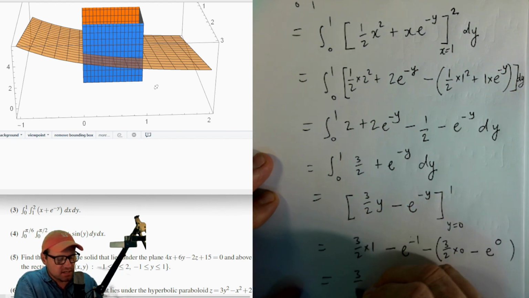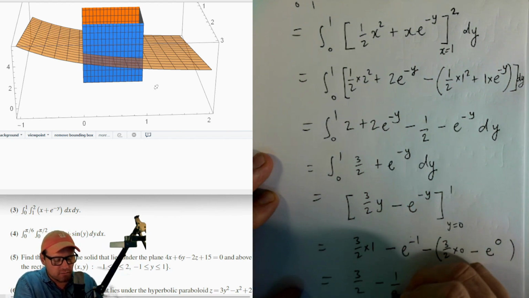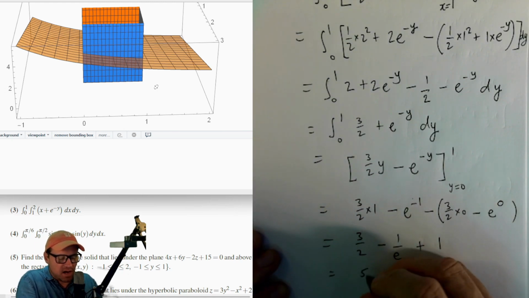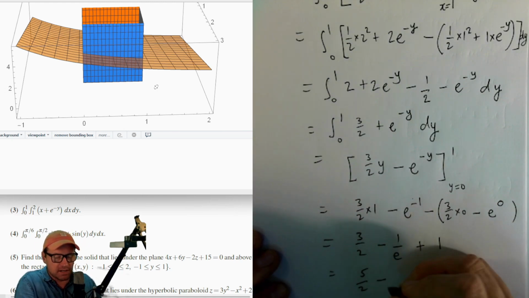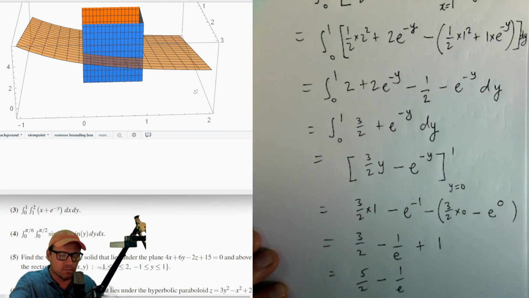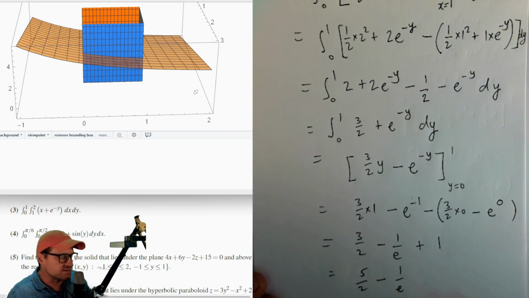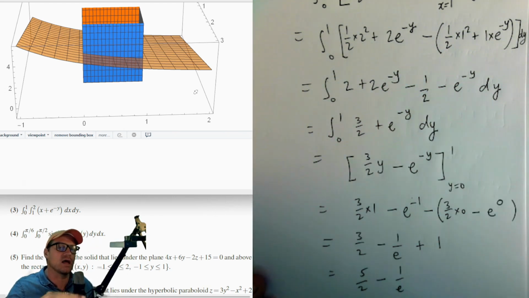So we have 3 over 2 minus 1 over e plus 1. And so this is 5 over 2 minus 1 over e, or minus e to the minus 1 if you like. Okay, so this is the volume under that surface between x equals 1 and x equals 2, and between y equals 0 and y equals 1, and above the z equals 0 plane.